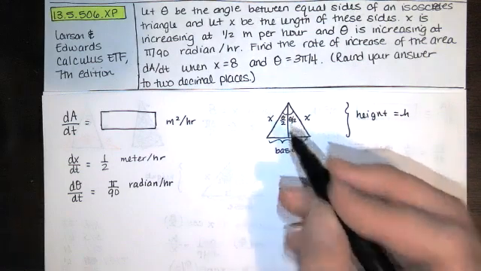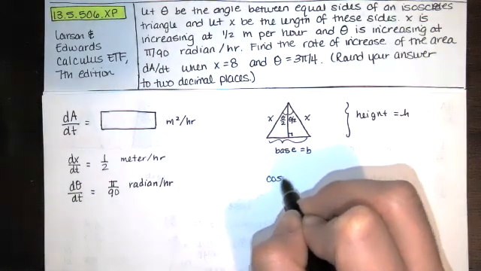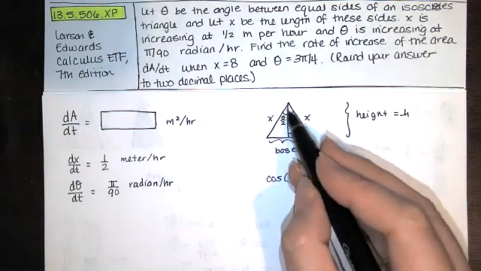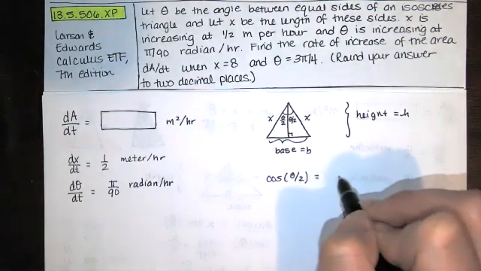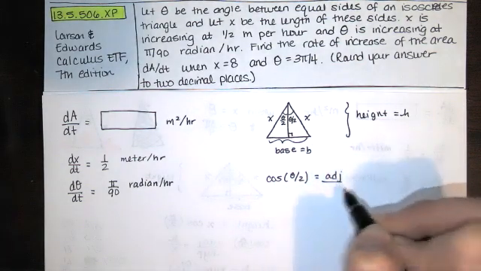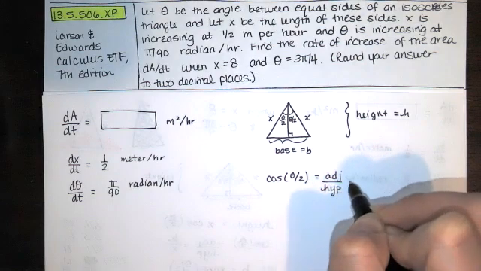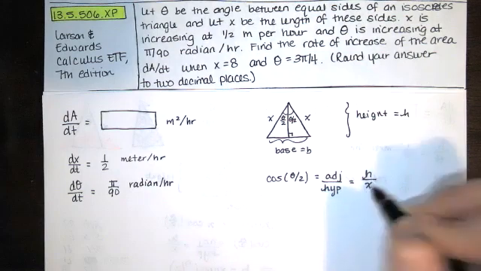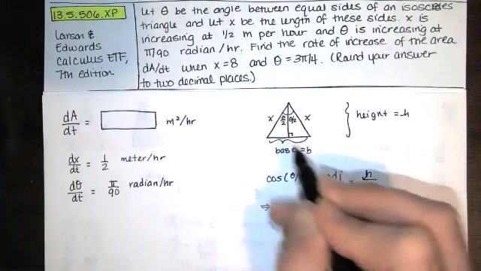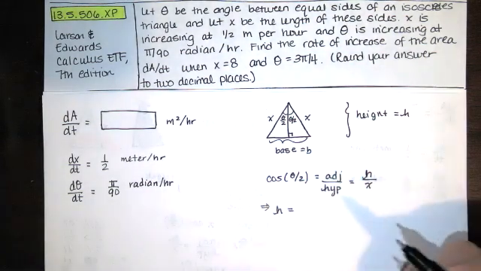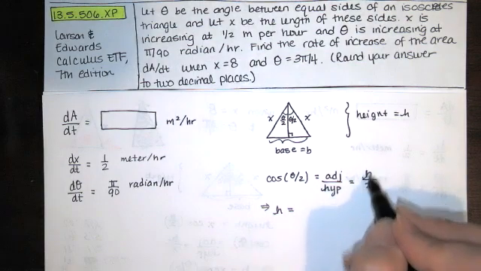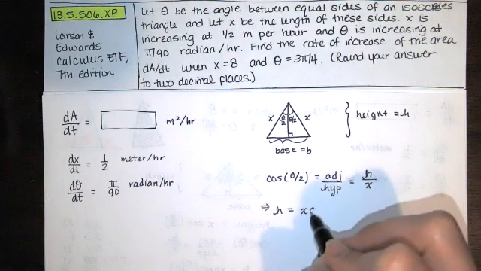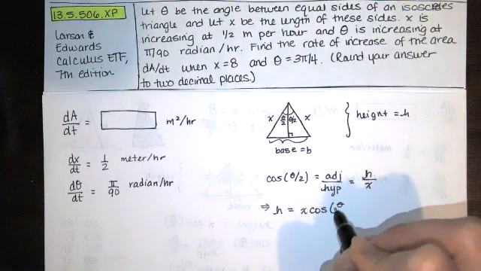The cosine of theta over 2 is equal to adjacent over hypotenuse. The adjacent side is the height, and the hypotenuse is x. So if I want to find the height of that triangle in terms of x and theta, I'll just multiply both sides of this equation by x, and I get h equals x times cosine of theta over 2.